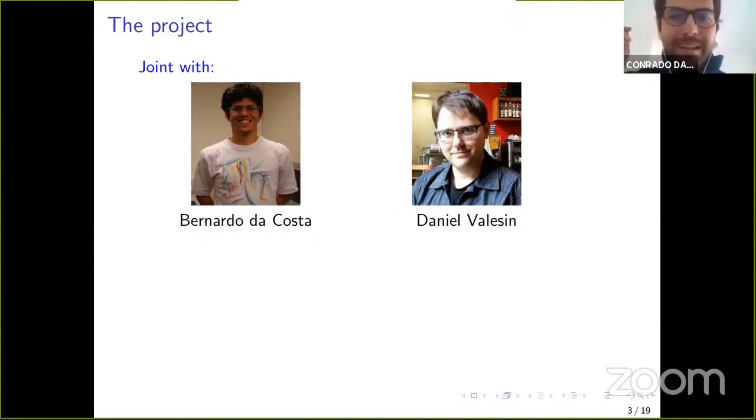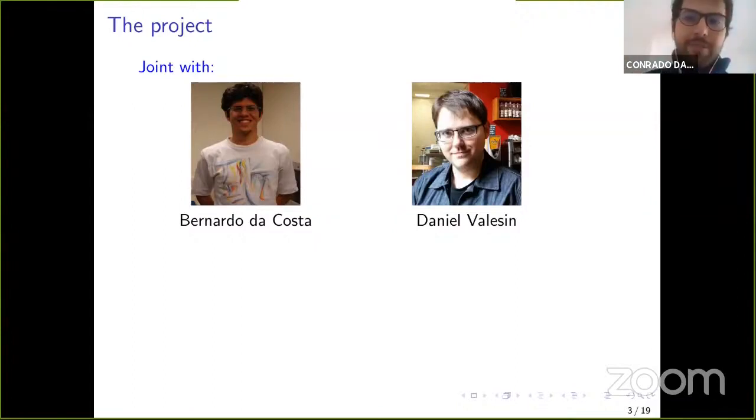And these are my collaborators, Conrado da Costa from the Federal University of Rio de Janeiro in Brazil, and Daniel Valesin from the Groningen University in the Netherlands. As you may guess, I finished my PhD in 2016, and it's been 4 years ever since.